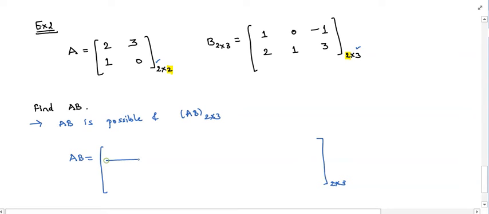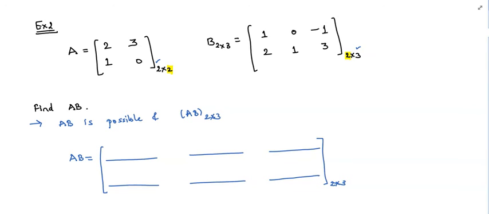It means it has some elements in the first row and the second row. If you remember from the previous video on the basics of matrices, this is the first row and first column, and this is the position of this element.